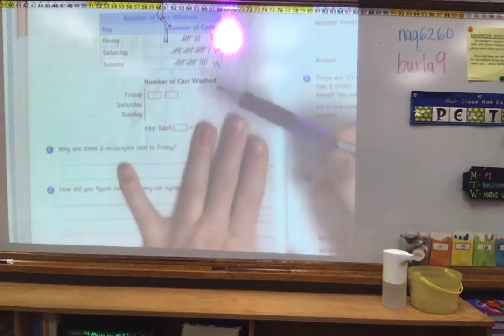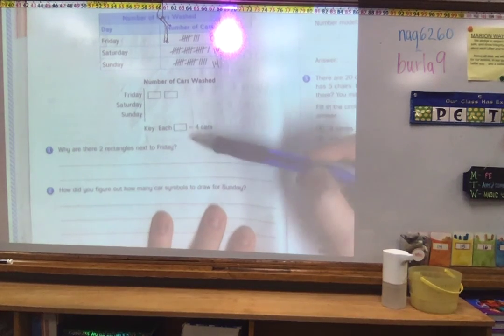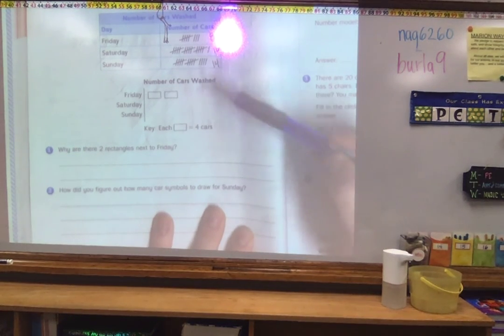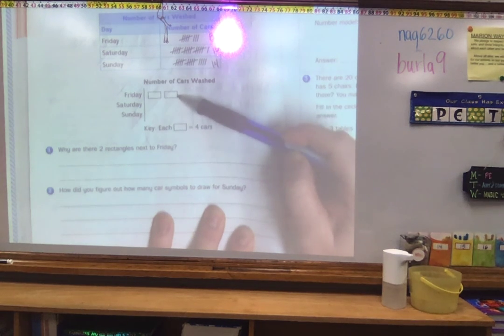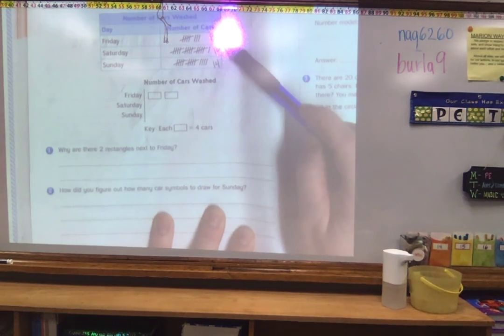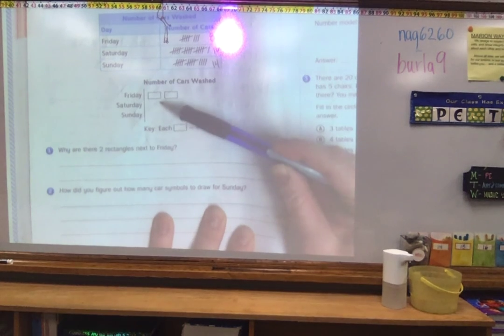So if each rectangle is 4 cars, Friday is done for us. There's 4, there's another 4, 4 plus 4 is 8. You're going to fill in the picture graph for Saturday and Sunday.